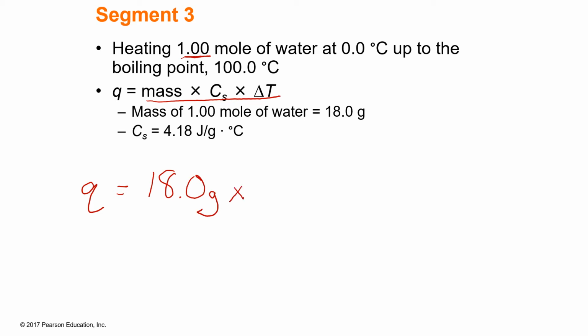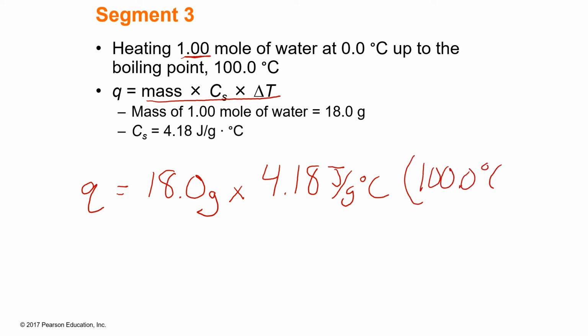Our specific heat is 4.18 joules per gram degrees Celsius. And our change in temperature, our final temperature is 100 degrees Celsius. Our initial temperature is 0 degrees Celsius. And so our heat is 7.52 times 10 to the third joules.